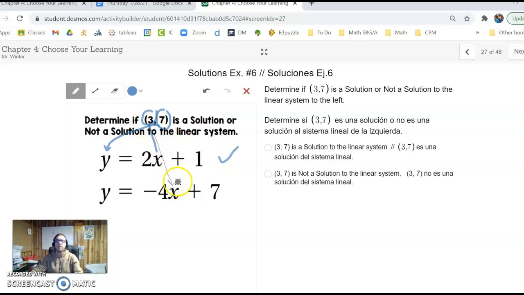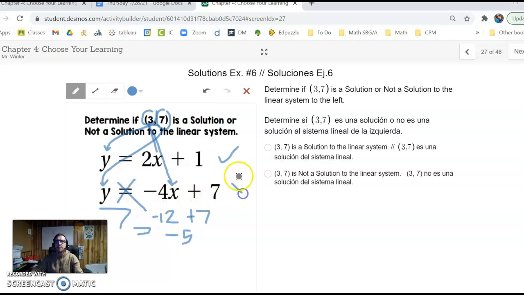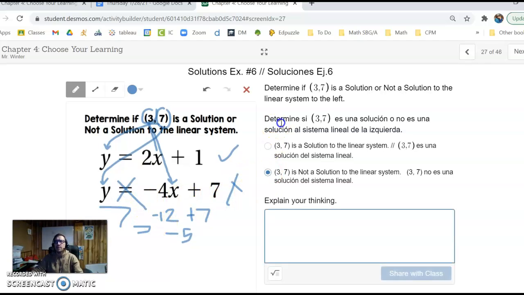Plug in 3 here. Negative 3 times 4 is negative 12, plus 7, that's negative 5. But if I plug this y in here, it's 7. Does 7 equal negative 5? No. And so this one is not a solution. It needs to work in both of the equations in order to be a solution.